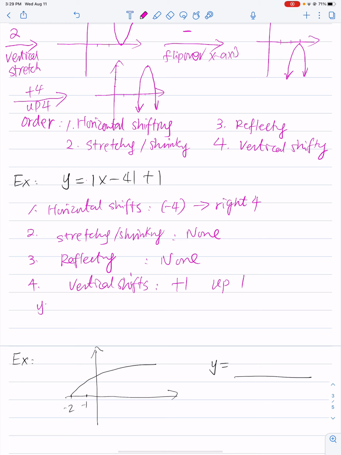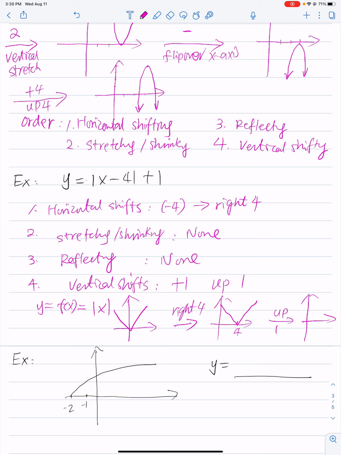So what is our f(x) here? Minus 4 means right 4, plus 1 means up 1. So f(x) is, get rid of these things, the absolute value of x, yeah? So what will you have? It's the V shape, and then you go to the right by 4, and then you go up 1, so it will look like this.